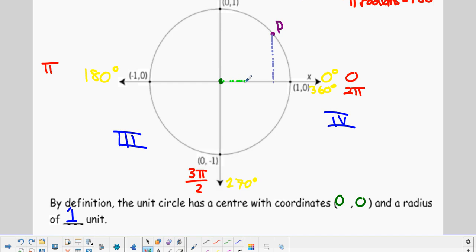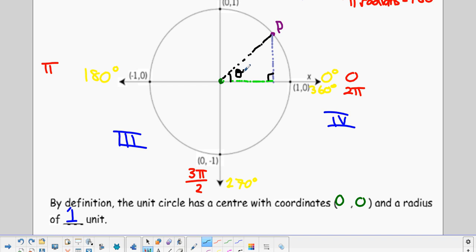I'm marking in the horizontal distance, the x-coordinate, the y-coordinate. This is just a radius, of course. And notice it's a right-angled triangle that's been generated with an angle of theta.